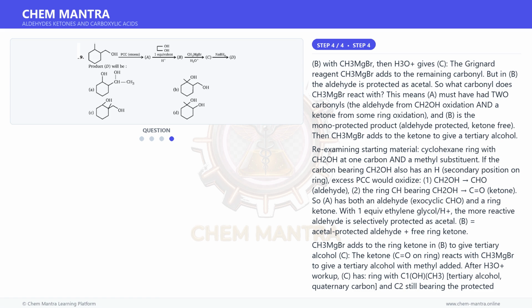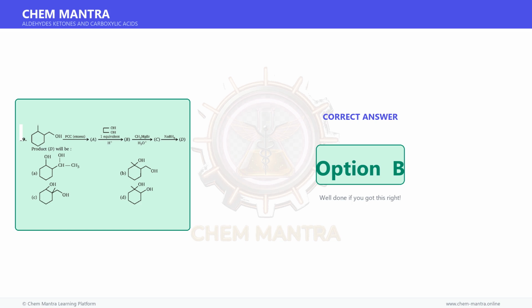The C4 position on the original ring was actually on C1 of the ring bearing CH2OH, making it a tertiary ring carbon, converted to a quaternary carbon after Grignard addition of CH3, then acetal deprotection and NaBH4 reduction of CHO to CH2OH. Therefore, the correct answer is option B.